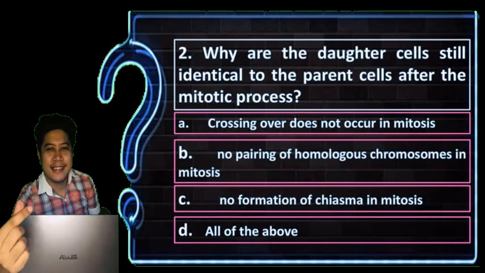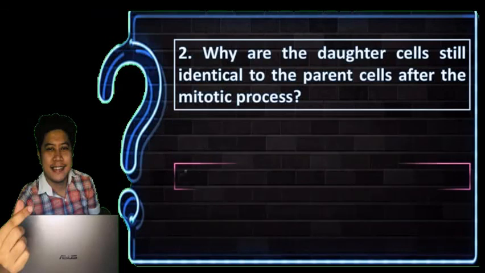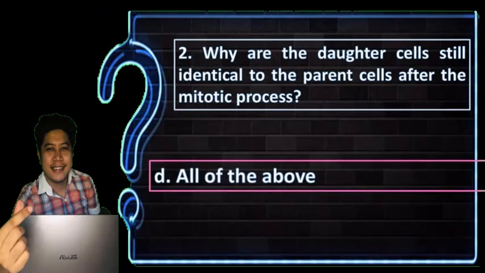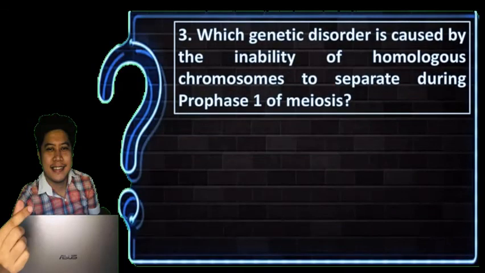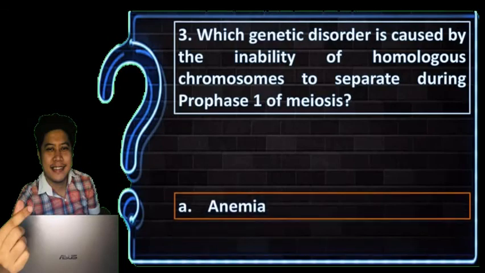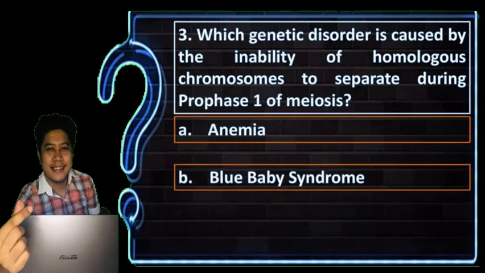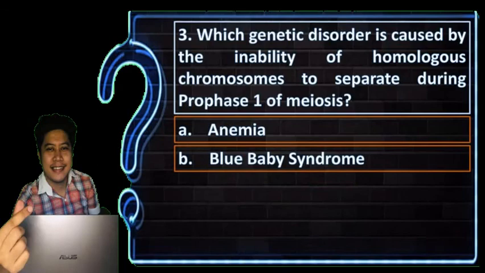Time's up. The correct answer is all of the above. Next question. Number 3. Which genetic disorder is caused by the inability of homologous chromosomes to separate during prophase 1 of meiosis? A. Anemia. B. Blue baby syndrome.